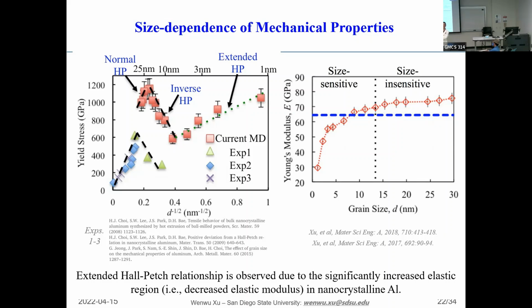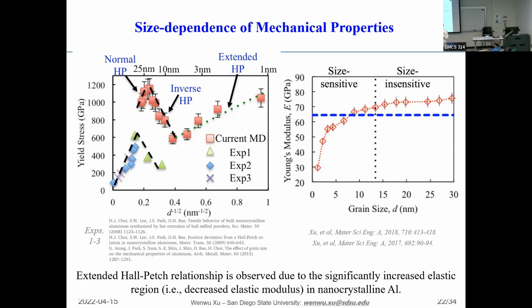And again, the difference between the absolute value coming from the literature or experiments is that the deformation is way slower than what we conducted in the molecular dynamics simulations, which, by the way, is a major disadvantage of molecular dynamics simulations.